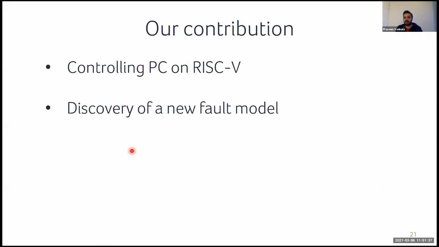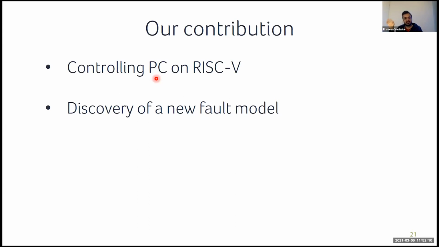So our expectation before we did this experiment was that we cannot directly control PC, so we would need to find indirect ways. But during these experiments, we realized that we were still able to directly change PC. We do not know for 100% how this happened, because sometimes fault injection is like that, but we have some hypotheses.